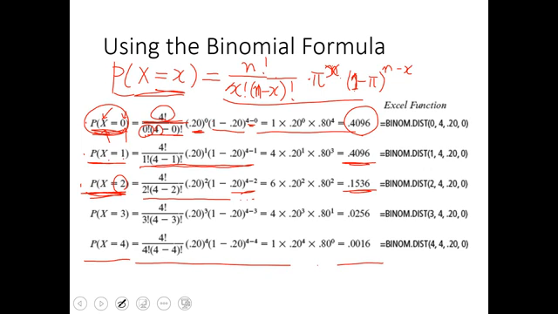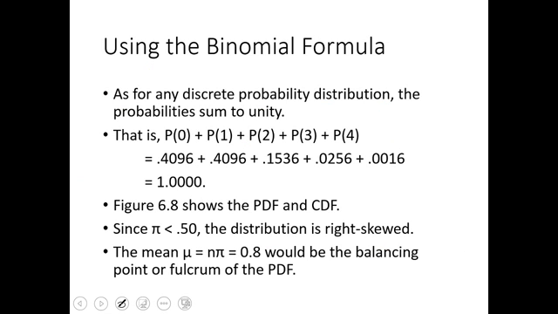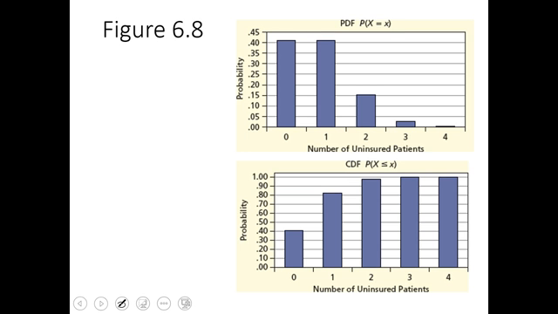So then we can calculate the probabilities of all possible outcomes: the probability that the number of uninsured patients is 0, 1, 2, 3, and 4. And the sum of all the possible probabilities should, of course, be 1. And this is the probability density function of the number of uninsured patients, which follows the binomial distribution.